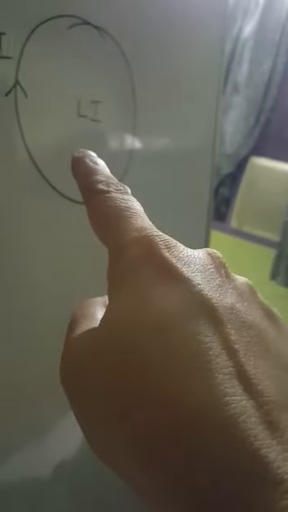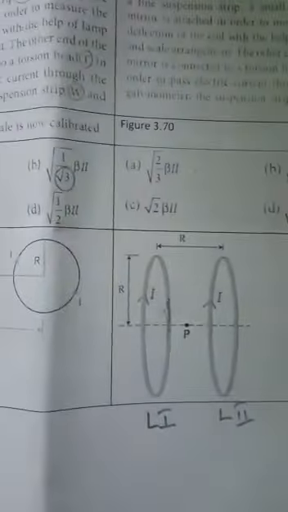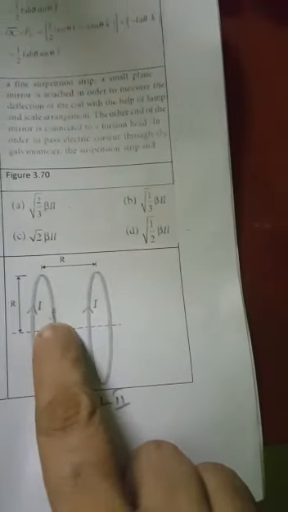But I know that in the case of L1, the current is clockwise, which means that the magnetic field should be in the opposite direction. So the magnetic field is from the point P to the loop L1. So in my diagram, the direction is from this P to the point in the center.